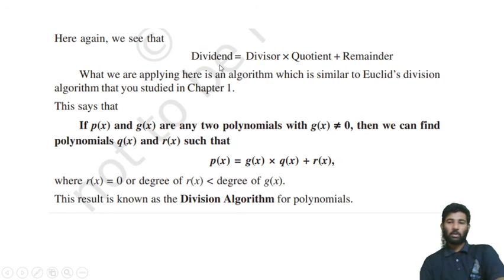So this is similar to Euclid's division algorithm, which we have seen in chapter 1. So this is the division algorithm for the polynomials, and same like the Euclid's division lemma, here the statement is, if p of x and g of x are two polynomials where g of x cannot be 0, then we can find polynomials q of x and r of x such that p of x is equal to g of x into q of x plus r of x, where r of x is equal to 0 or degree of r of x is less than degree of g of x.